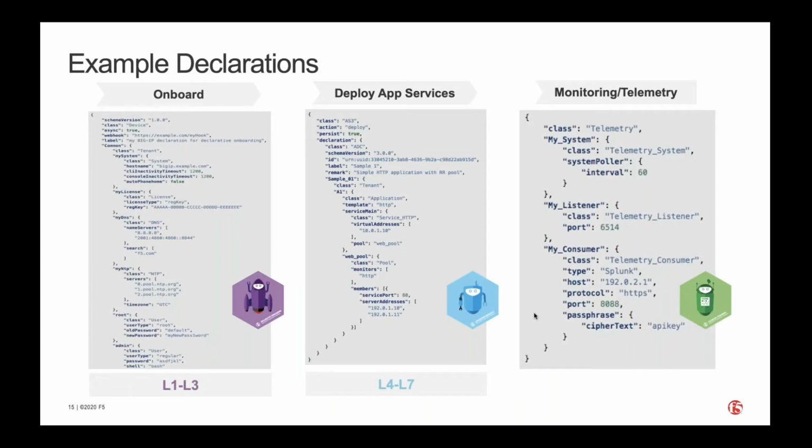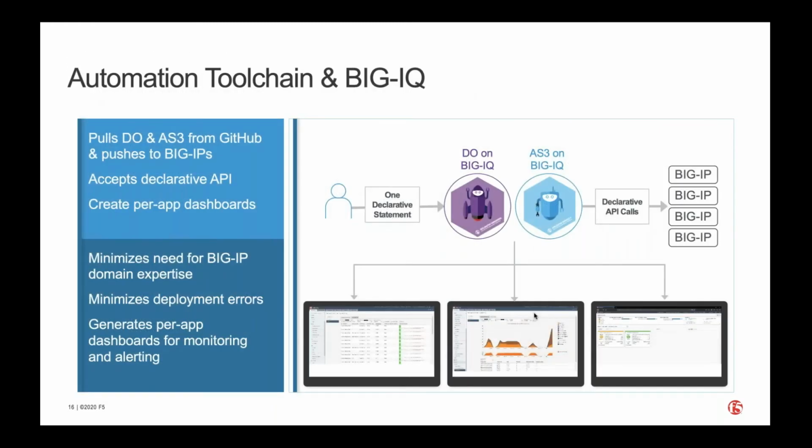Here we see some example declarations for declarative onboarding, for the AS3 scripting, and for the monitoring. As you can see, they are simple JSON scripts that you can define and use within different environments. In BigIQ, you have the possibility to use these different JSON objects for DO and AS3, declarative onboarding and AS3, so that you can simplify the deployment of your Big IP.